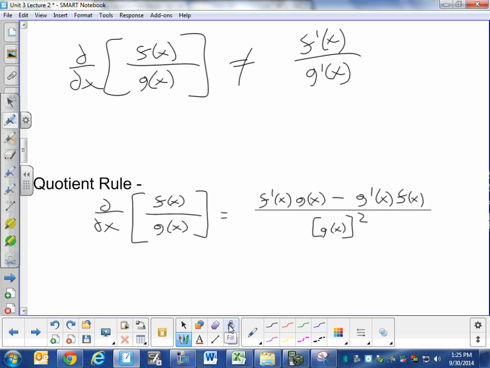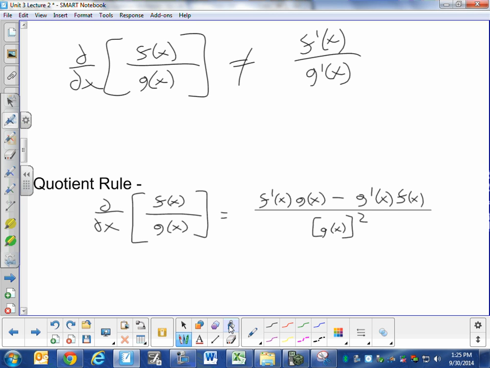So instead of the derivative of the first times the second plus the derivative of the second times the first, it's the derivative of the top times the bottom minus the derivative of the bottom times the top, all over the bottom squared.